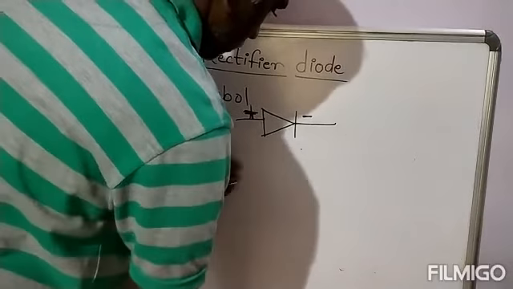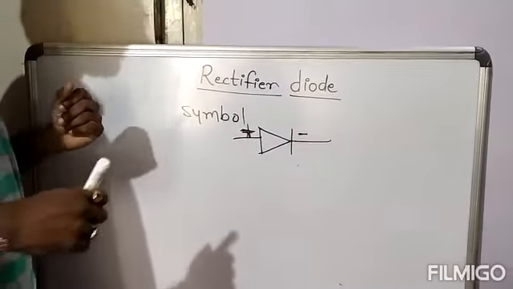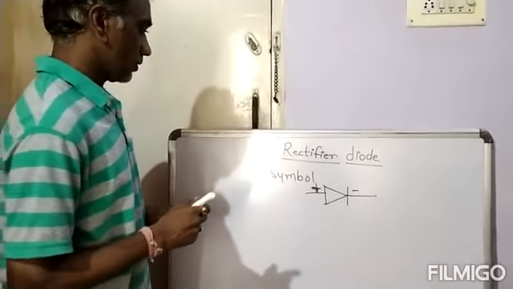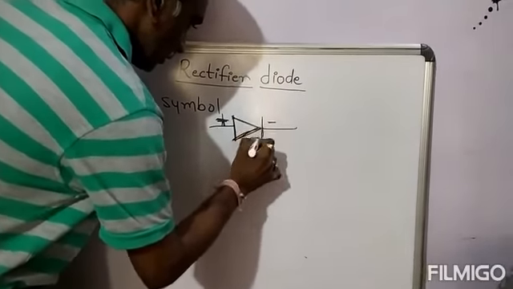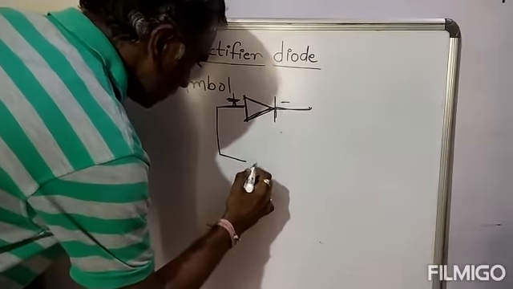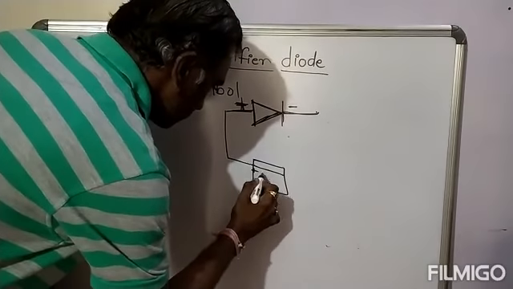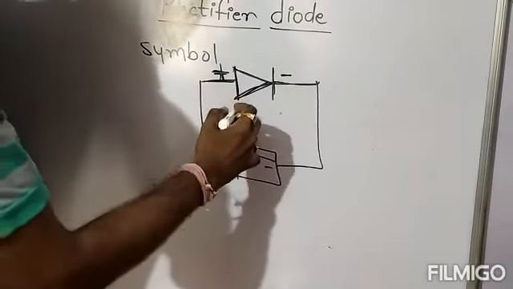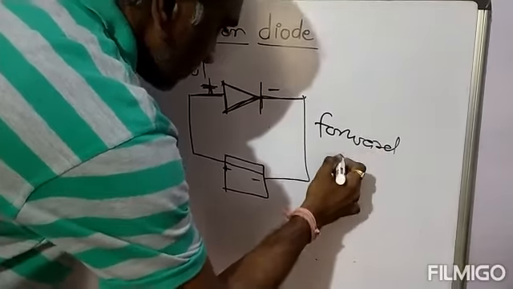So now, how to check the diode? First of all, I want to tell you how to check the diode, whether it is in forward direction or whether it is in reverse direction. Whenever we have the diode in this situation, suppose I am using a digital multimeter, and we connect the positive to the negative, in this situation we can say the diode is in forward direction.